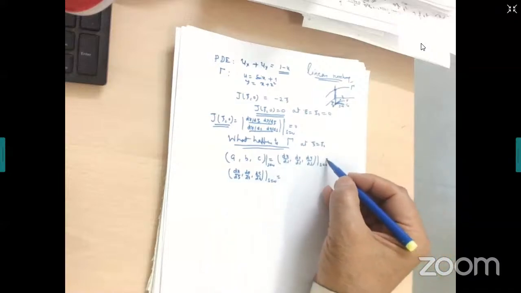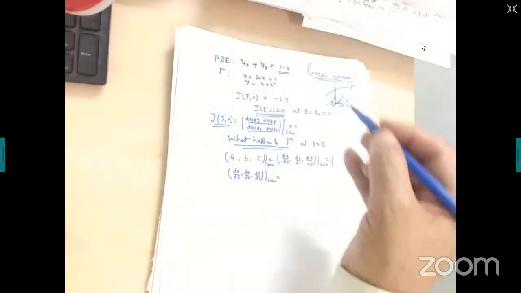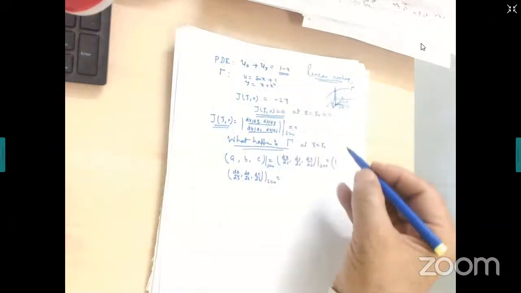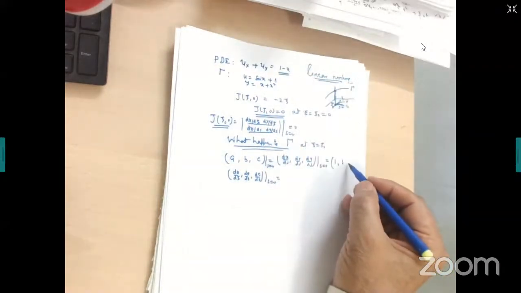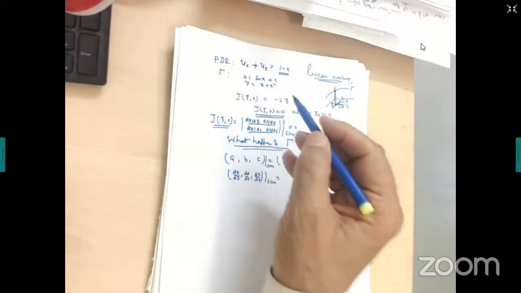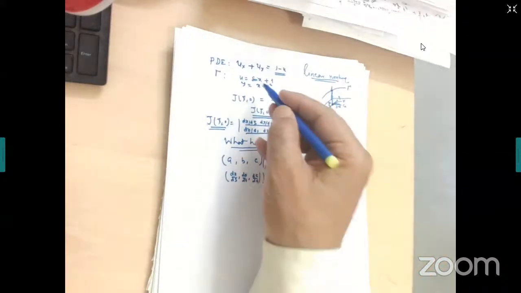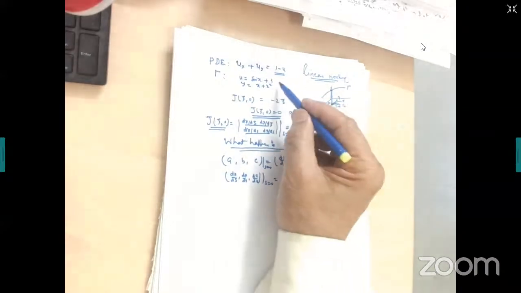So what are these two vectors? Can you tell me quickly? dx ds, obviously it is 1. dy by ds, it is 1. And what is this? 1 minus u, and u at s is equal to 0. These are the conditions.